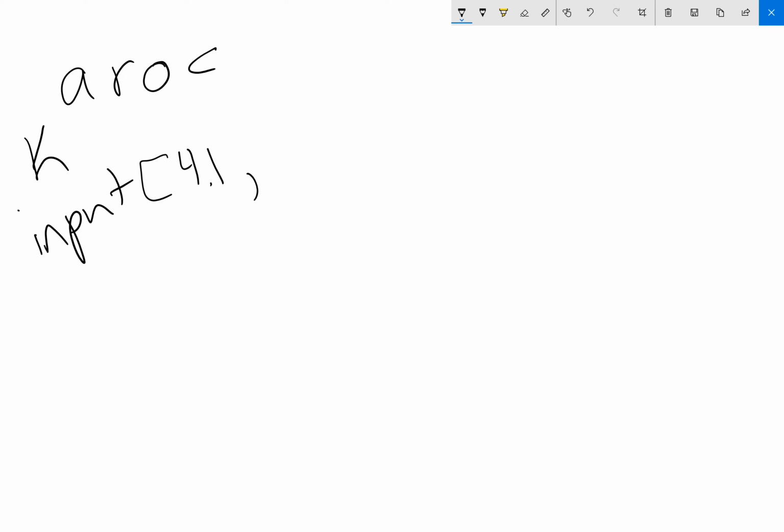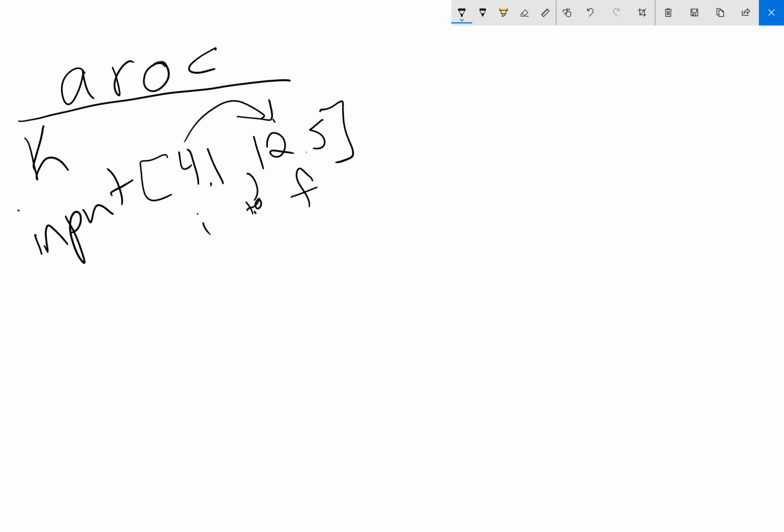Okay, moving on. C, use function notation to represent the average rate of change of the function k from the input 4.1 to 12.5. Okay. Initial, final. We're starting from here, going to 12.5. What is our formula for average rate of change?